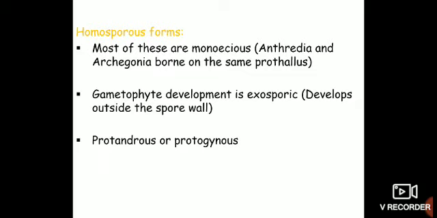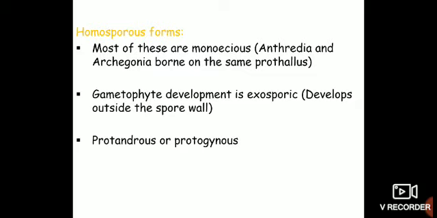The gametophyte can have both the antheridia and the archegonia on the same gametophyte or prothallus. एक ही gametophyte पे antheridia भी हो सकता है और archegonia भी हो सकता है. Remember, in homosporous pteridophytes, the gametophyte formed from a spore can have both antheridia and archegonia. And the development of gametophyte in homosporous pteridophytes is exosporic. The gametophytes develop outside the spore wall and they can be protandrous or protogynous.